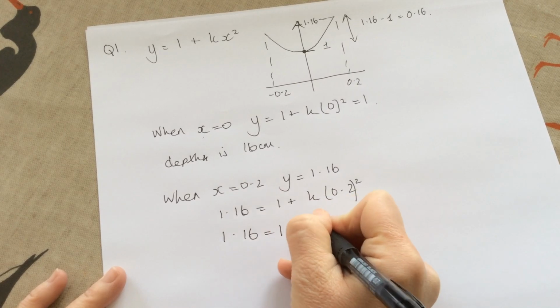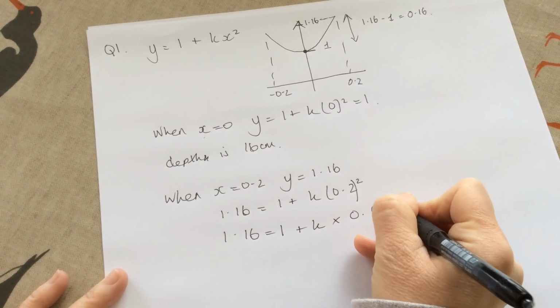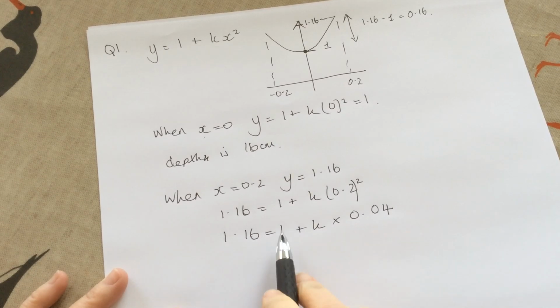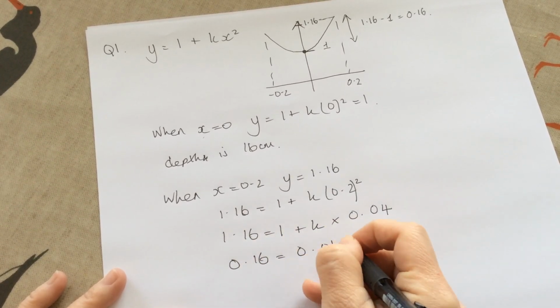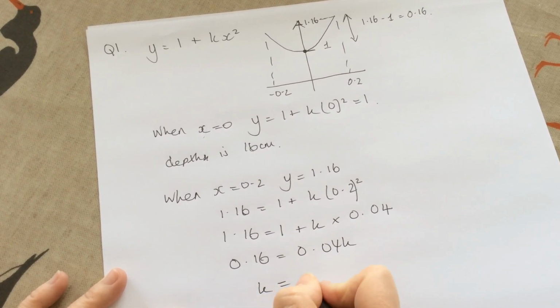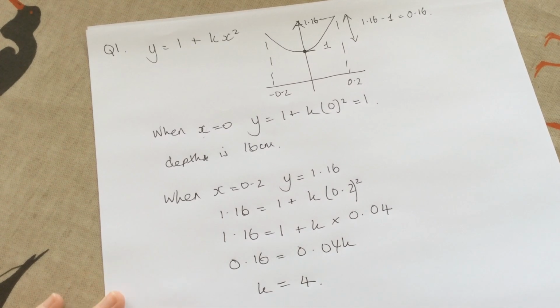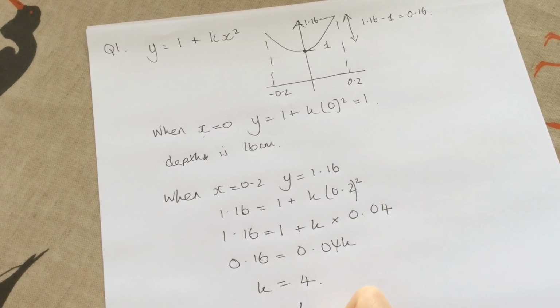This is 0.04. So I can take away 1 and then divide by 0.04, which gives me a value for k of 4. And therefore, my equation of my curve is y equals 1 plus 4x squared.